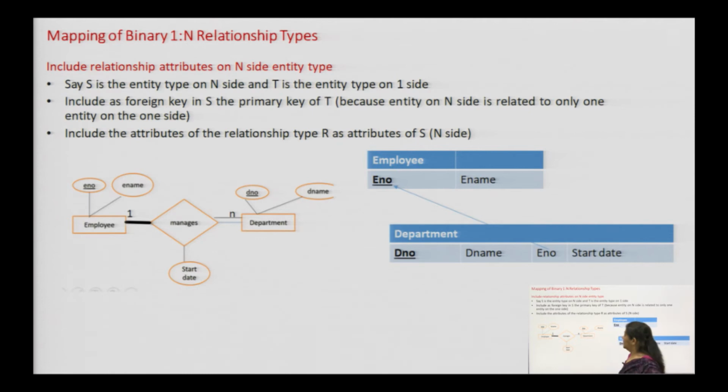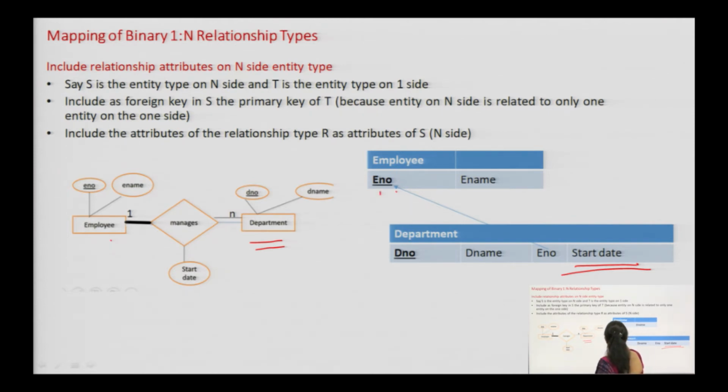Let us see an example over here. Here we have employee and department 1:n. So, we are saying include the relationship attribute on the n side entity type. N side is which? Department. So, the relationship attribute comes on the n side entity type, and the primary key of the one side is put as the foreign key on the n side, right.